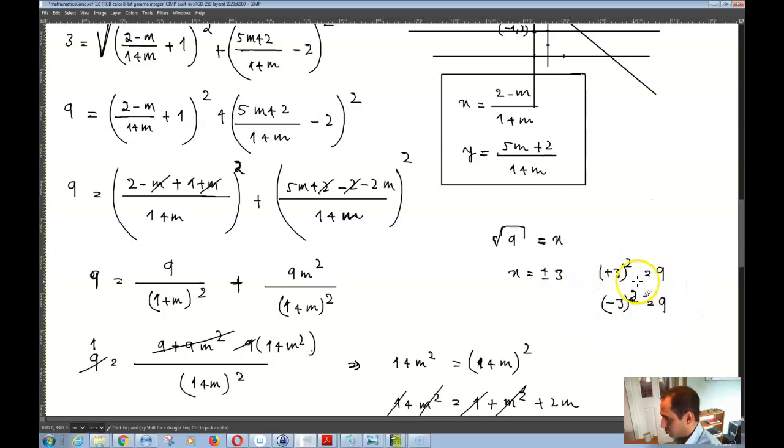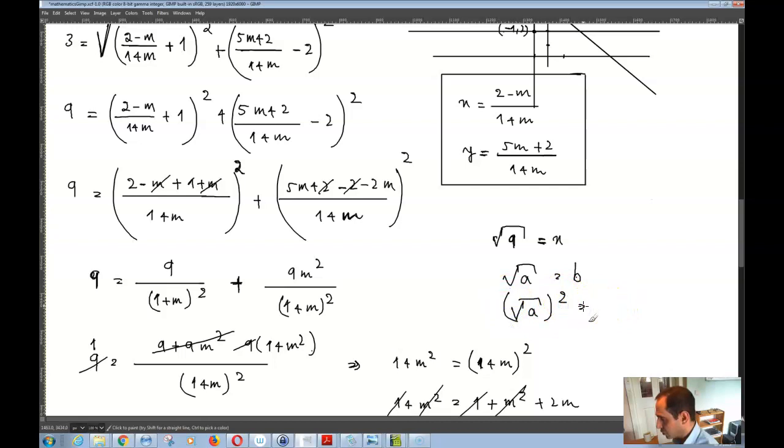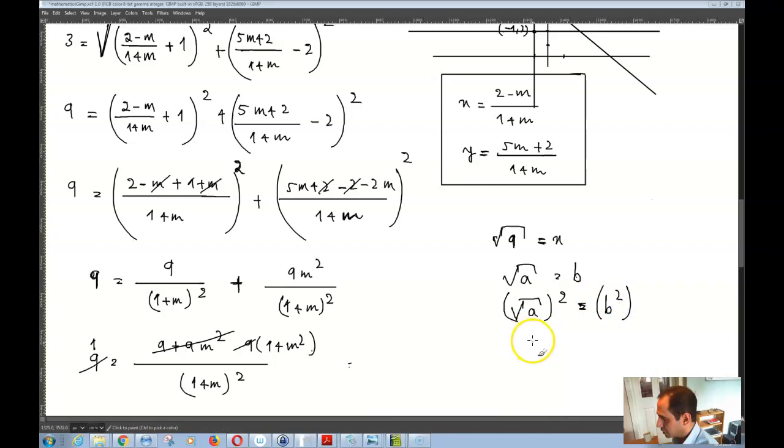So when you have this kind of situation, which is, for example, the square root of some expression is equal to some other expression, when you raise both sides of this equation to the second power, what you need to do is, for example, when you have the square root of a is equal to b, what that means is that the square root of a whole squared is plus or minus a, and that is equal to b squared.